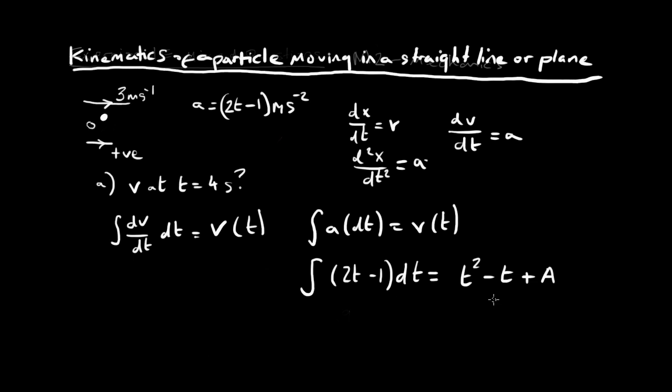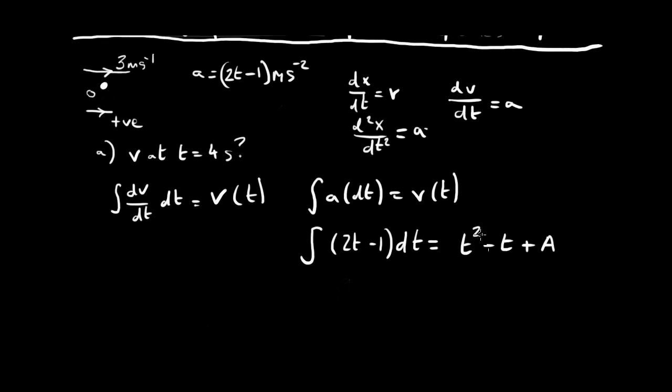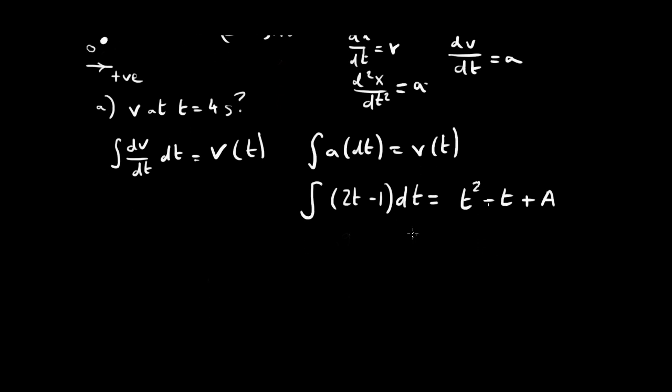Now this is our expression for v. V is equal to the integral of a dt, and we really need to know what the constant is, because otherwise we won't be able to find exactly what v is, what the speed is after 4 seconds. We can't put 4 in here yet.